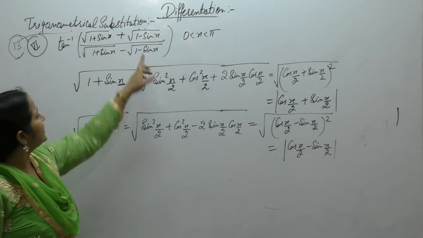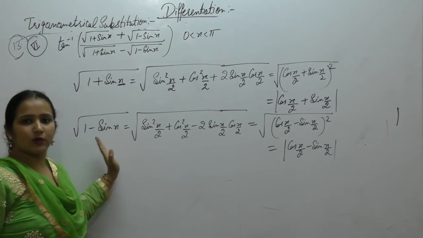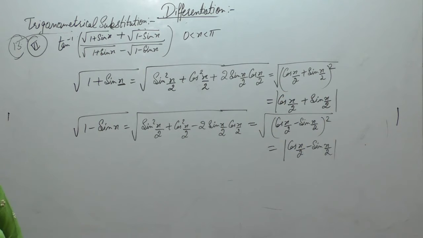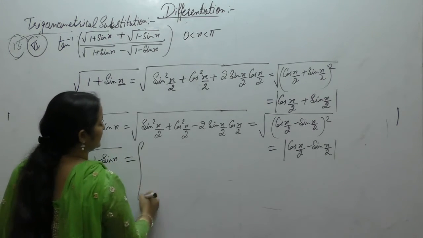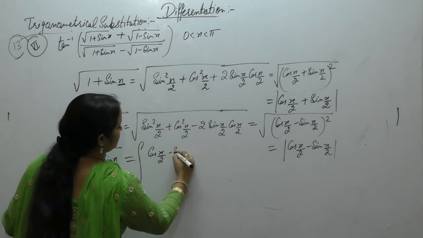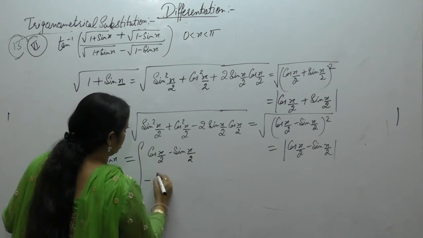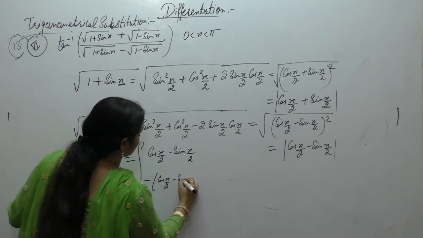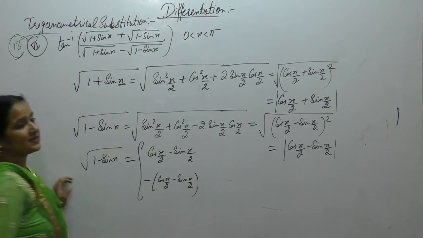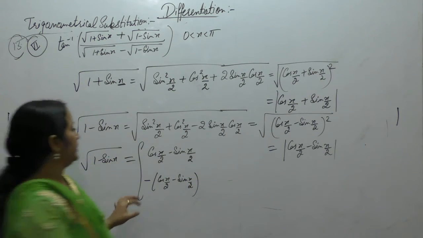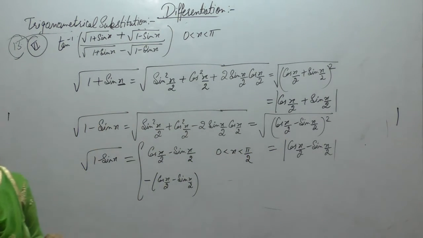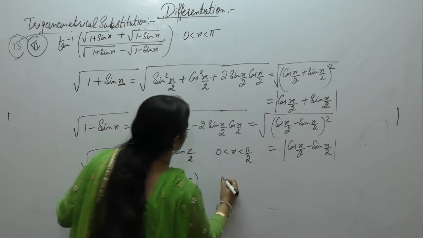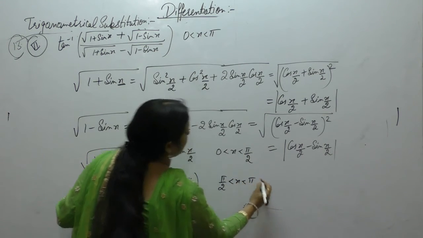Now the square root of 1 minus sin x equals cos x by 2 minus sin x by 2. This modulus will be positive and negative when 0 is less than x less than pi by 2 and when the limit is pi by 2 to pi.